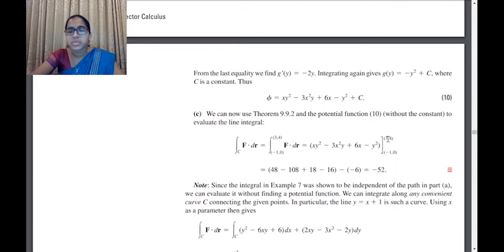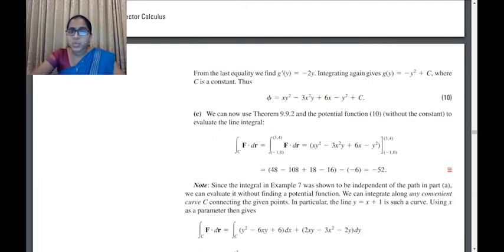You can just substitute and we will obtain 48 − 108 + 18 − 16, minus, we'll substitute φ(A). What is φ(A)? It is (−1, 0). Whenever there is y, those terms will get cancelled because y is 0 and x is −1, so we get minus of 6, and summing up we'll get the value to be −52.